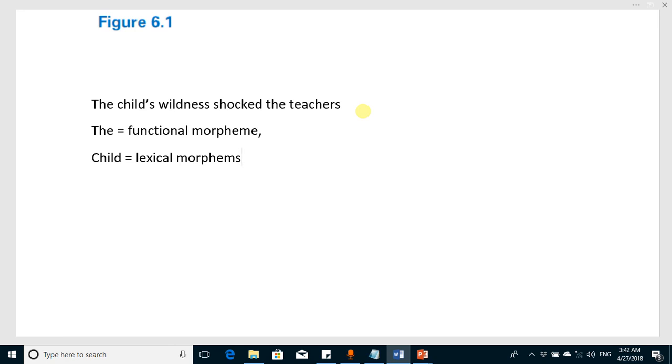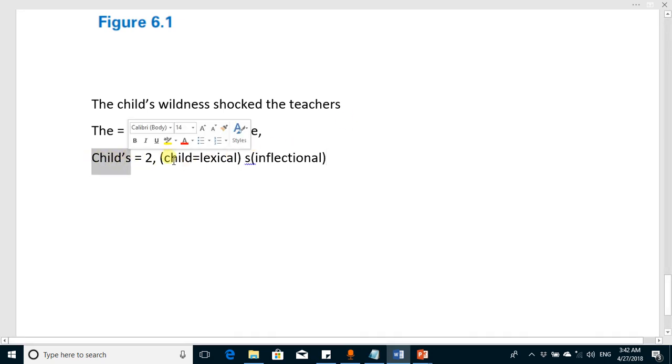It is a meaningful word in the sentence. And the child's has two morphemes. Child is lexical, pardon me for some misspellings, and s is inflectional in the sense that it doesn't change the grammatical type of the word. It's a noun, and it's a noun.